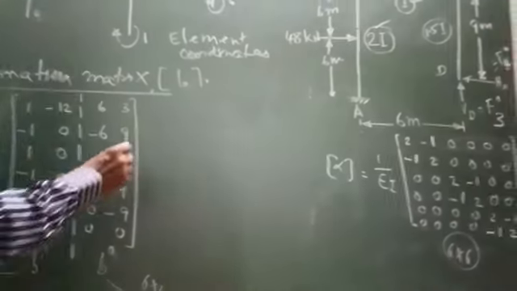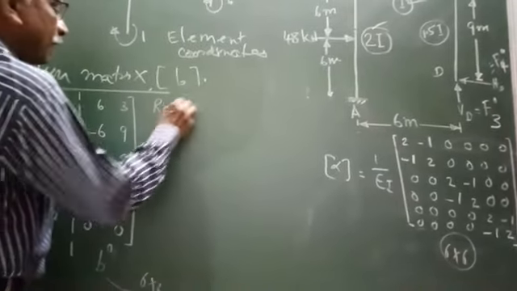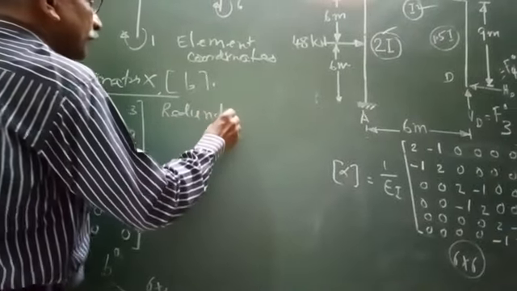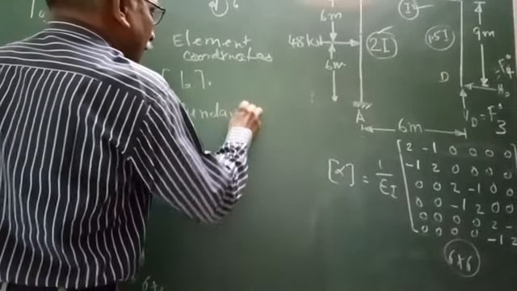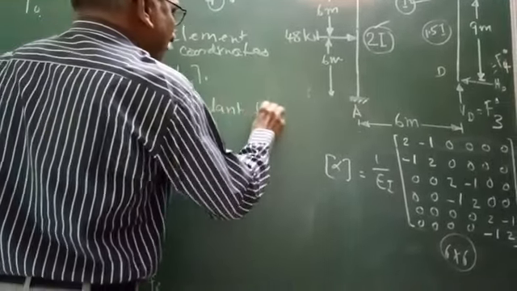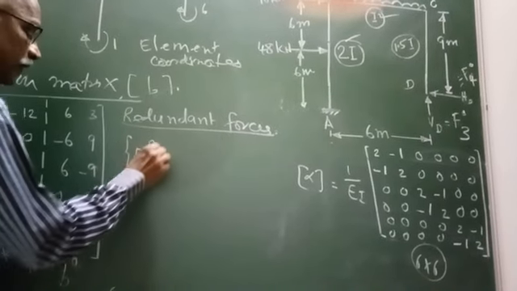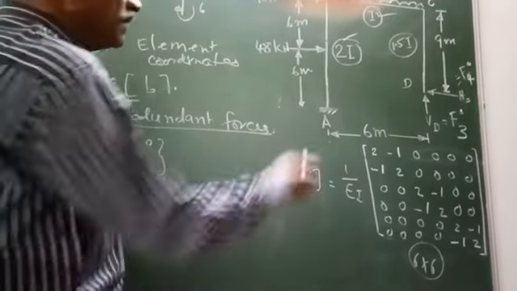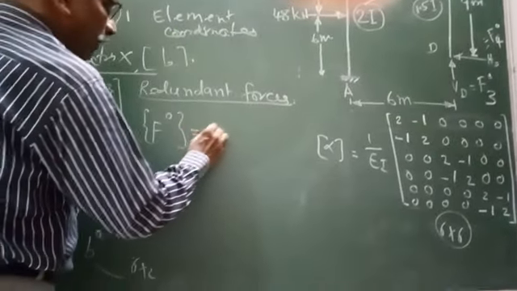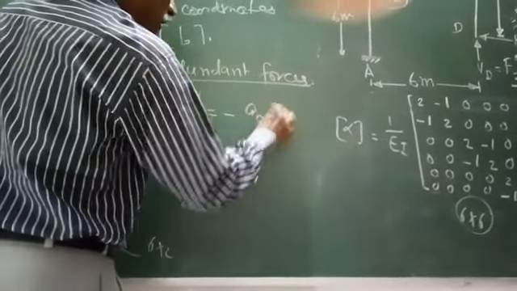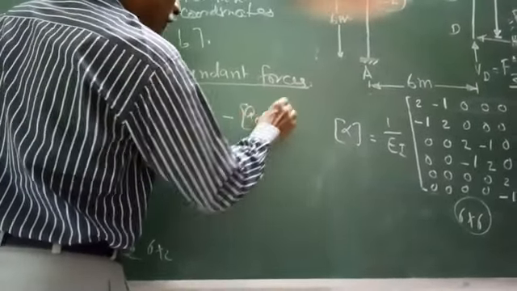Next step is the redundant forces. Redundant forces F naught, namely F3 naught and F4 naught, is given by minus A naught naught inverse into A naught star into F star.